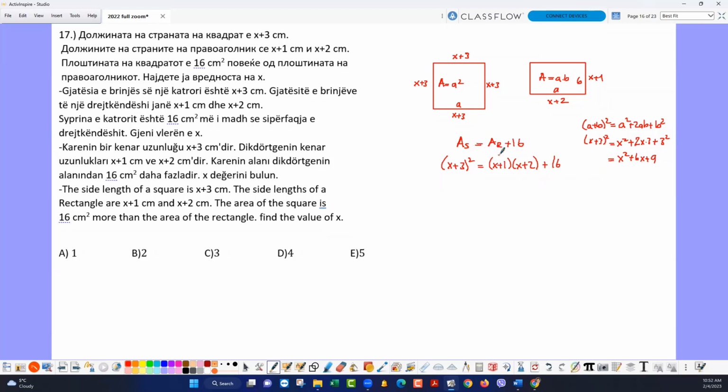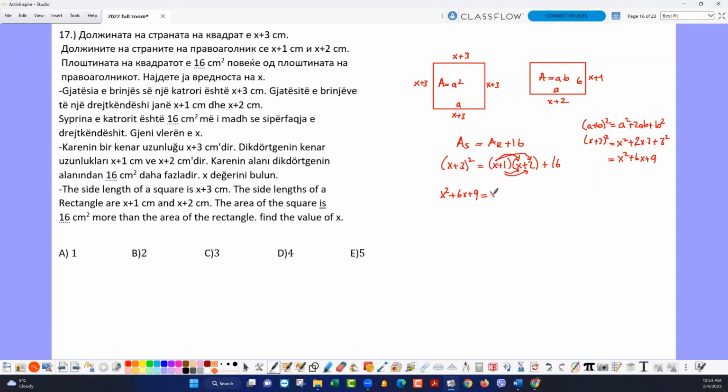On the other side, when you expand the parentheses, you have to multiply the first term by all the terms of the second term. You have to multiply x times x, x times 2, 1 times x, 1 times 2.